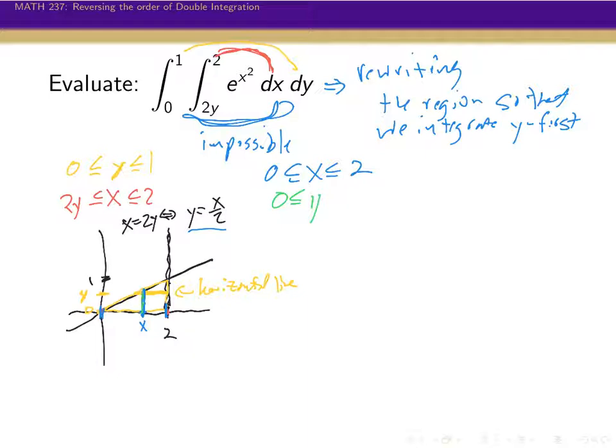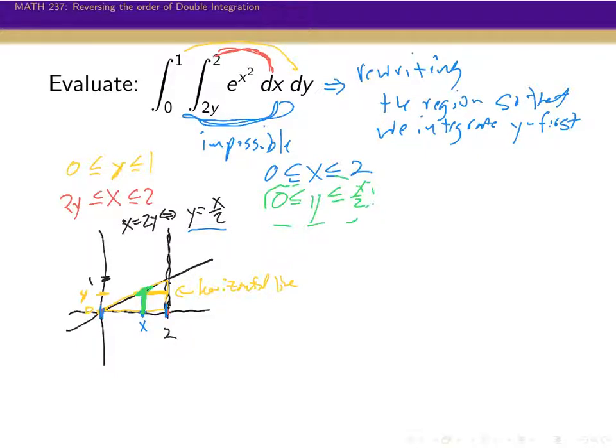And then we go up until we hit the line, which is y equals x over 2. And so this is our new bounds, thinking about this in terms of a vertical line instead of a horizontal line. And so now we have this set up to integrate y first and then x second.